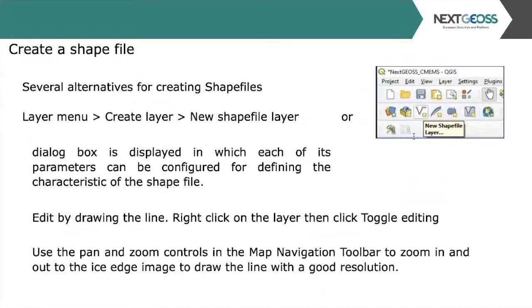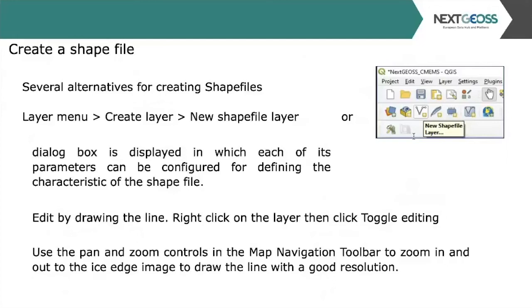Also, you need to define the specification of the shapefile you want to create. First of all, you have 3 categories you can pick from: point, line, or polygon. We will pick a line, and then the specification of the line, how it looks, color, thickness, and all these.